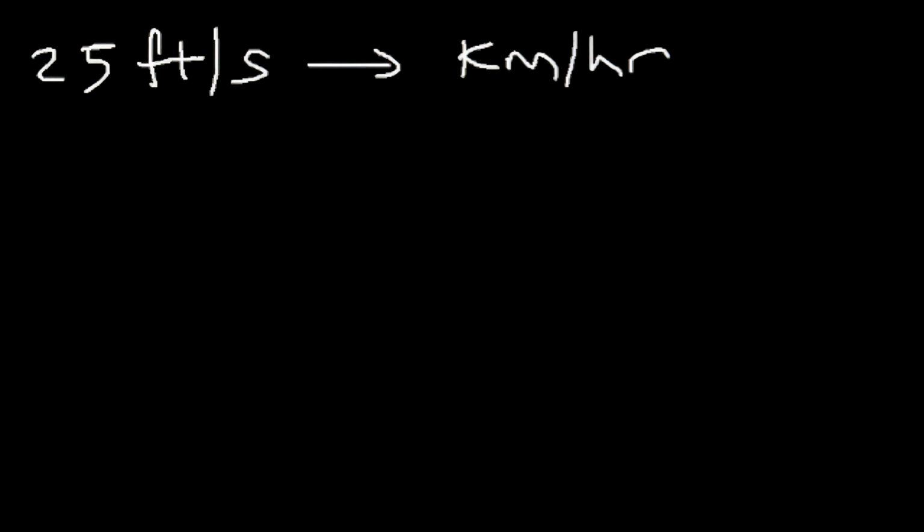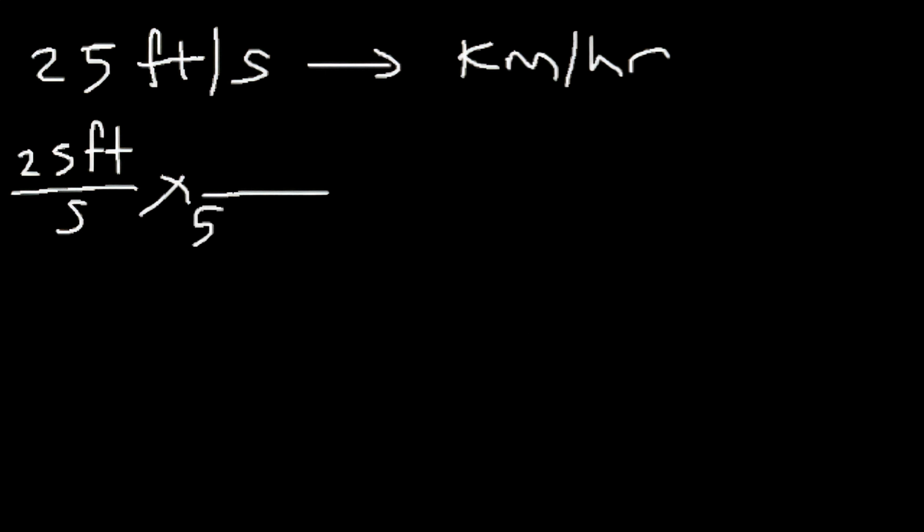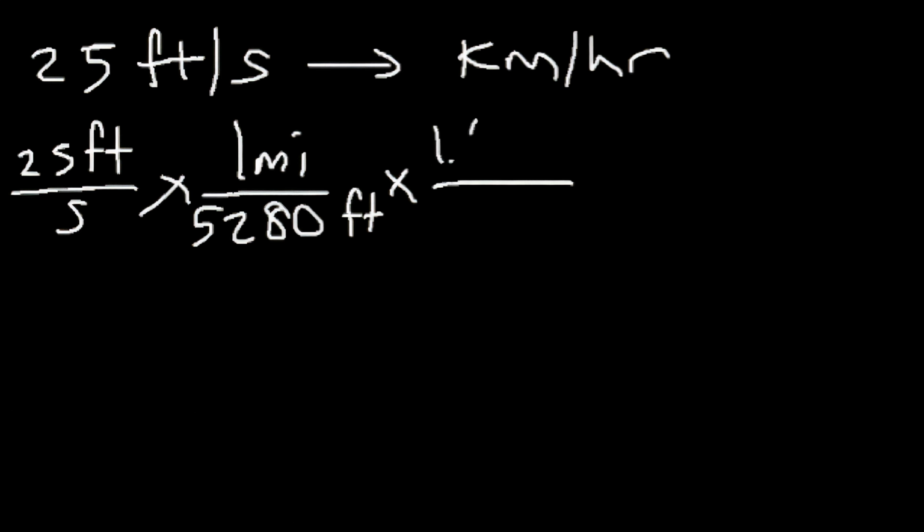Here's another one. Convert 25 feet per second into kilometers per hour. So let's start with 25 feet over seconds. We know how to convert seconds into hours, but how can we convert feet into kilometers? Let's convert feet into miles, and then we can convert miles into kilometers. If you recall, there's 5,280 feet per mile, and we know that there's 1.609 kilometers in a single mile.